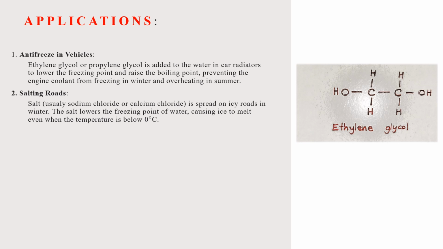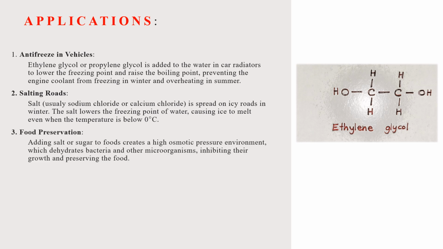The salt lowers the freezing point of water, causing ice to melt even when the temperature is below 0 degrees Celsius. Food preservation: adding salt or sugar to food creates a high osmotic pressure environment, which dehydrates bacteria and other microorganisms, inhibiting their growth and preserving the food.